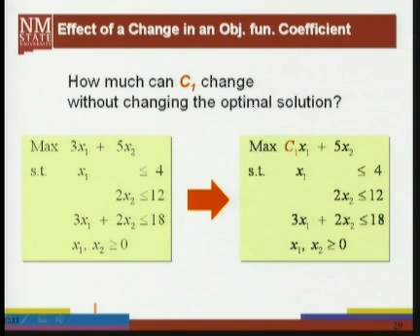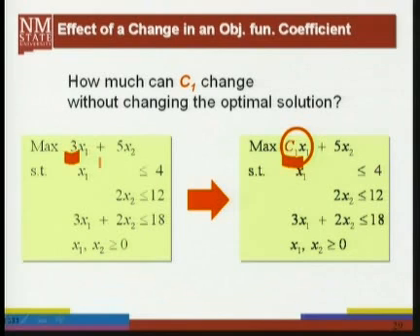And here, let's say C1 is the contribution, the profit by each door. Okay? So it is the unit profit by each door. Now we will see for what values of C1 the current basis remains optimal. Currently, the C1 value is 3, right?